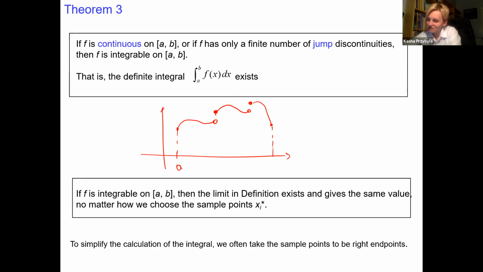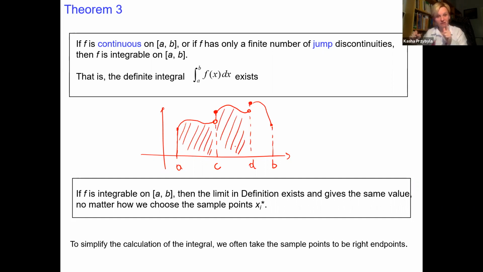We can have maybe C, maybe D from A to B. That means even if the function has discontinuity, I can still find the area. This is not a problem.